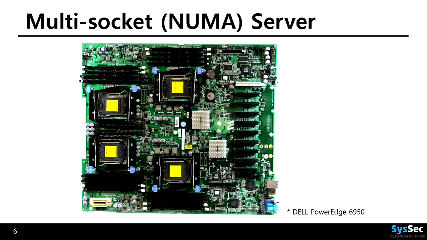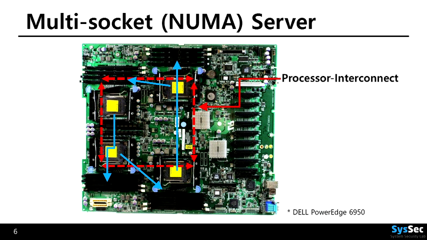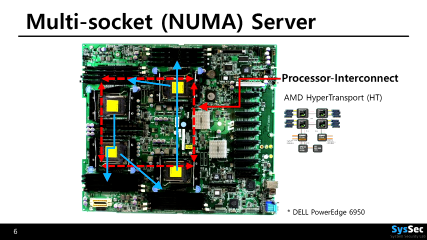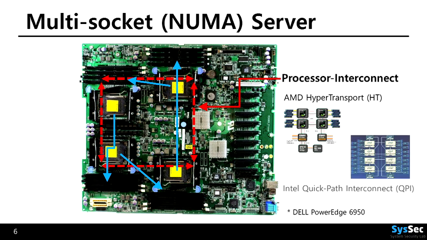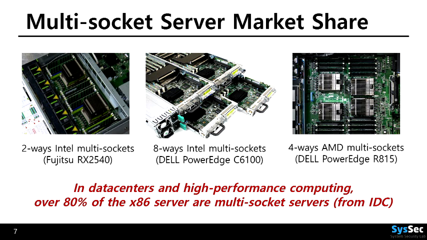In a multi-socket server, the processors need to be connected to each other in order to access remote DRAMs. This can be done by using processor-interconnect technology. There are 2 examples, AMD HyperTransport and Intel QuickPath Interconnect. Most of today's data centers and high-performance computing use such multi-socket servers.